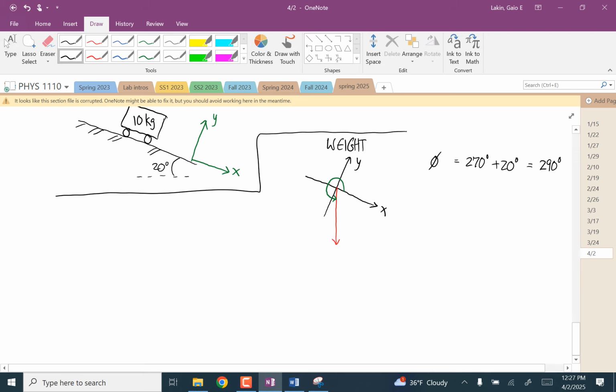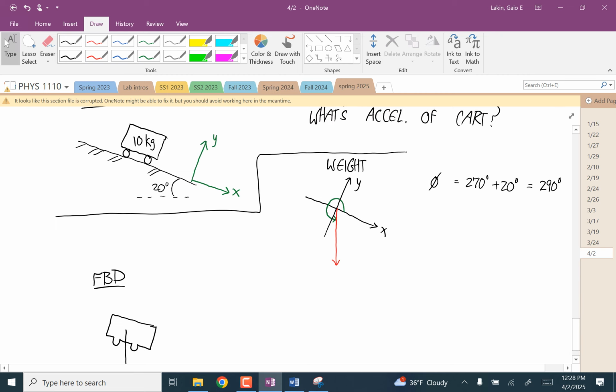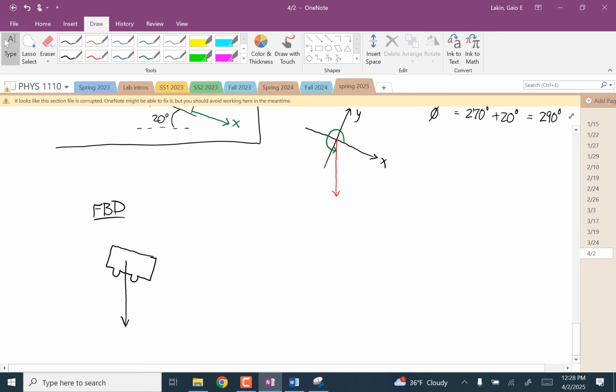So let me draw the free body diagram now. We have a weight force. The magnitude of the weight force, the rules are exactly the same as in everything else: the mass of 10 kilograms times 9.81. So this is 98.1.